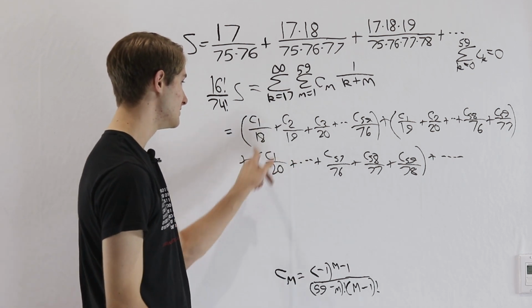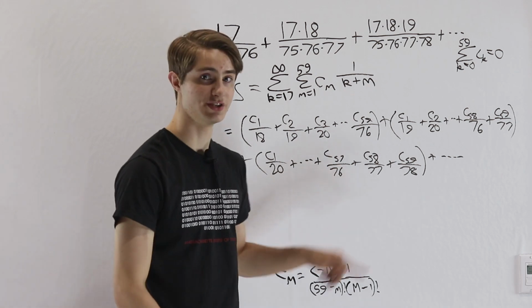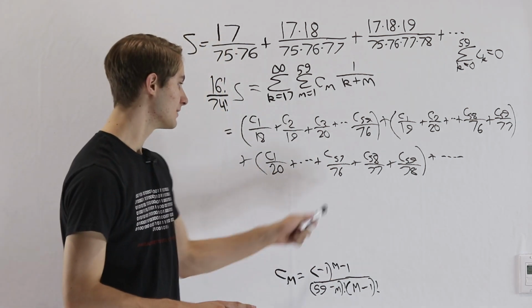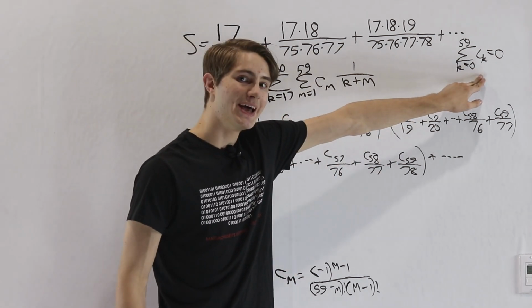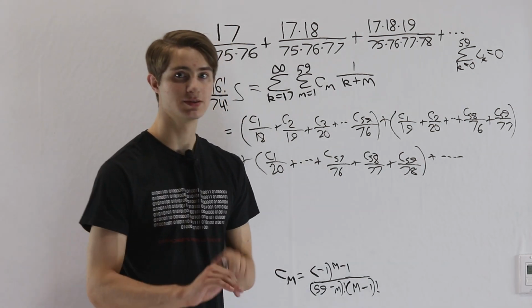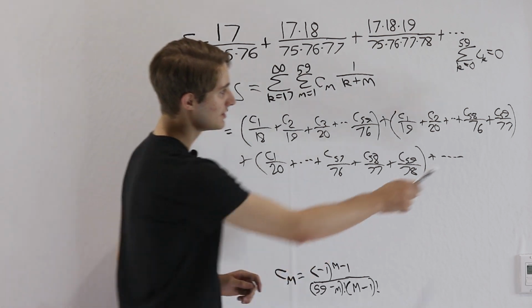Because these denominators keep increasing, eventually even c1 is going to get multiplied by 1 over 76, which means every single constant is going to get multiplied by 1 over 76 and added together. Added together to equal exactly 0, which means the denominator of 76, we can completely ignore. It telescopes out.